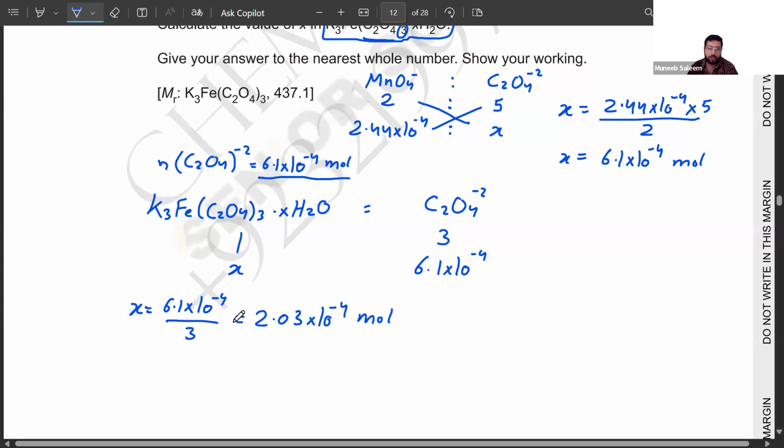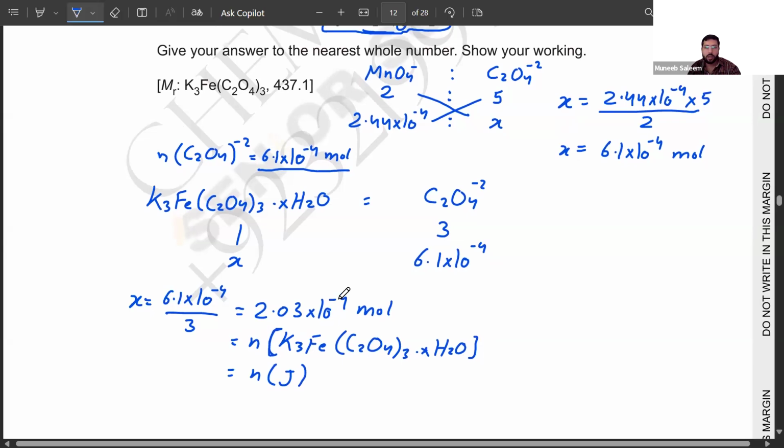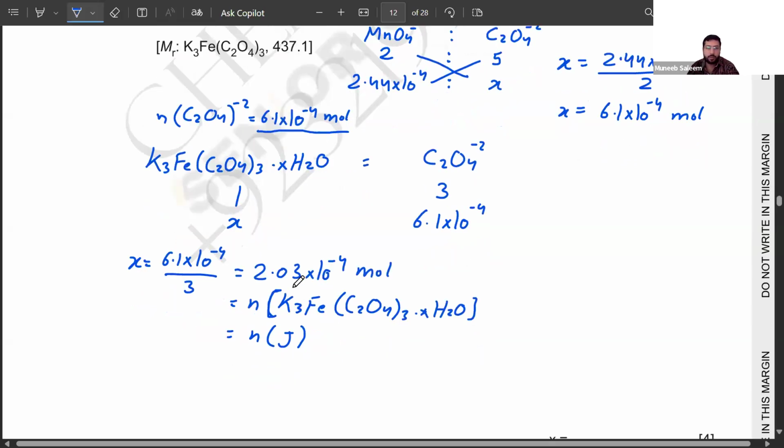Now, this value belongs to the moles of this whole complex, K3 Fe(C2O4)3 . XH2O. In other words, I can also write it as the number of moles of J, since this compound is symbolized as J. Okay, now I have calculated the number of moles for this compound J, which is 2.03 times 10 to the power minus 4.